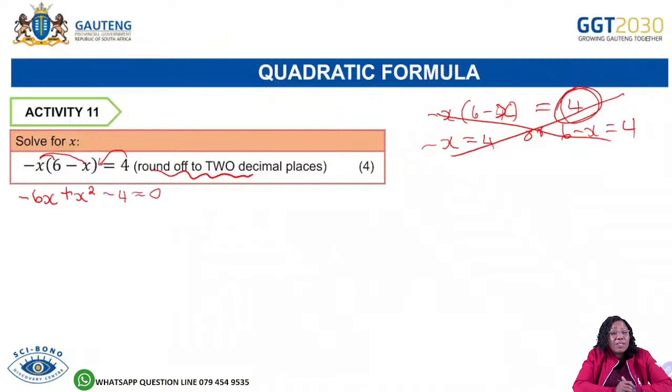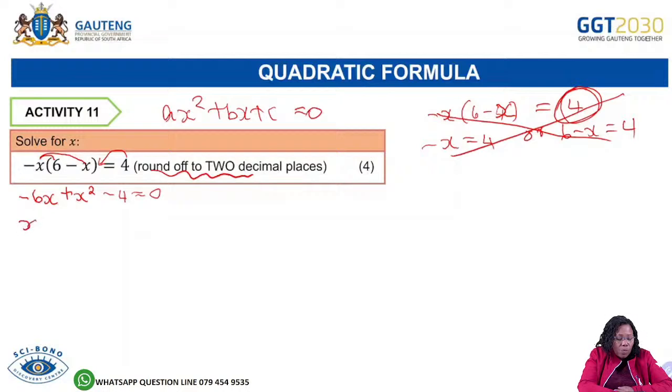But if you look at this, this is not in a standard form. To be in a standard form, it must be ax squared plus bx plus c equal to 0. That will be a standard quadratic equation. So we are going to rearrange this in order. Then we start with the x squared is 1x squared minus 6x and minus 4 equal to 0.